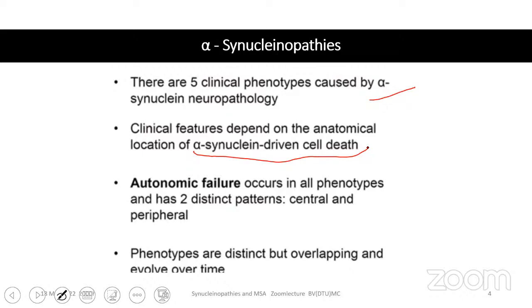Why the synuclein precipitates in these different parts is unknown. But autonomic failure occurs in all phenotypes and has 2 distinct patterns, central and peripheral. MSA has only central autonomic nervous system disturbance. The phenotypes are distinct but overlapping and evolve over time.